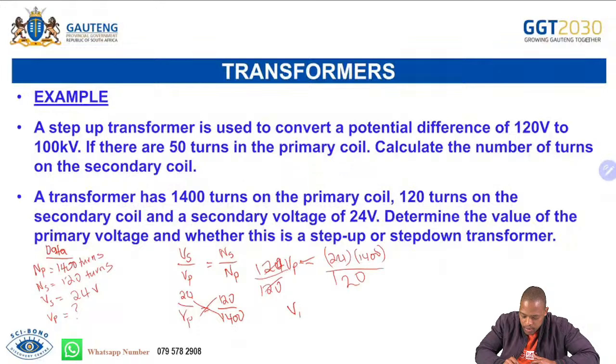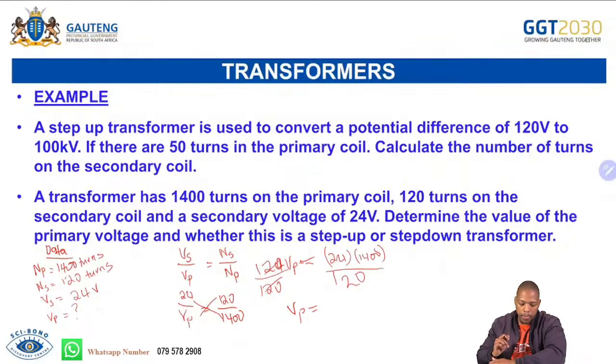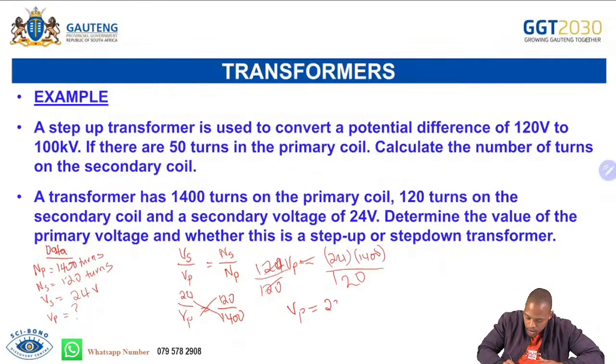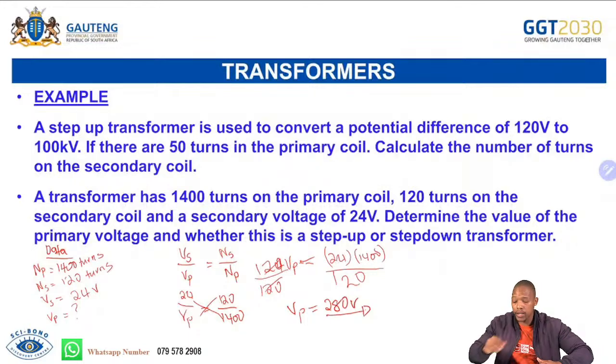This cancels this. The Vp, the primary voltage, was how much? So I should multiply 24 with 1,400, divide that with 120. I get that the primary voltage was 280 volts. It was 280 volts.